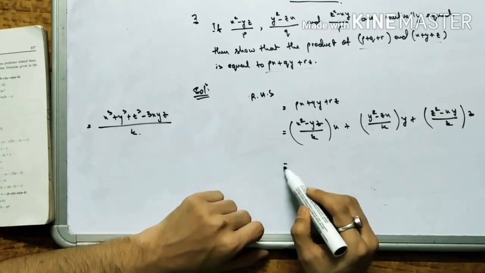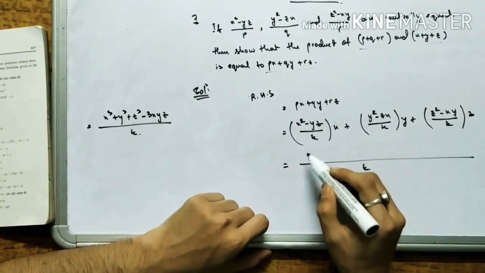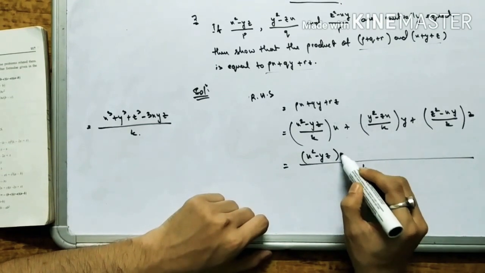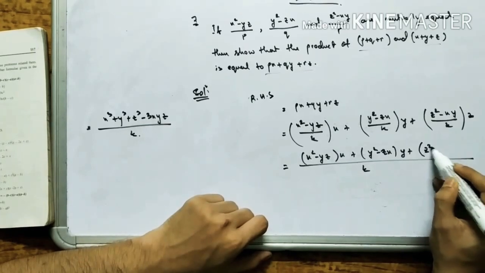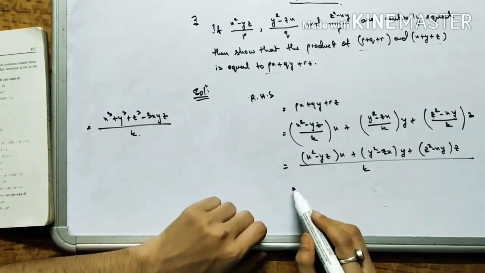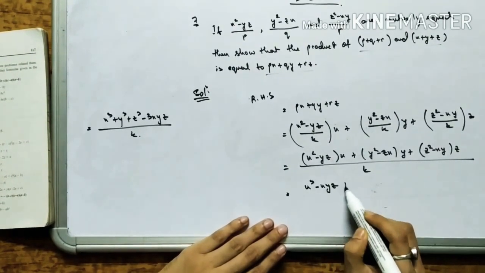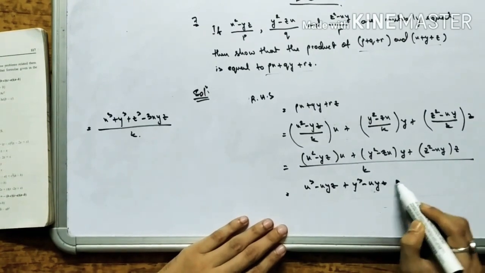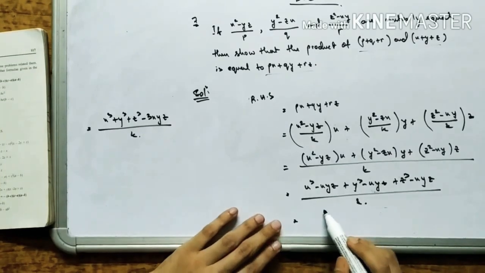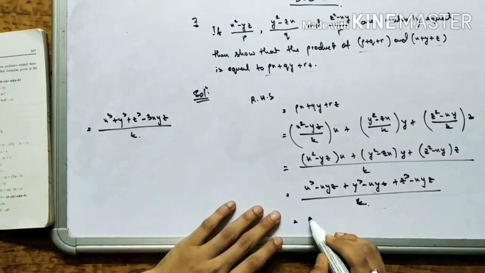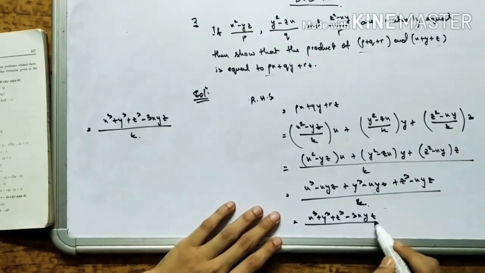So this is equal to 1 by k, (x square minus yz) into x plus (y square minus zx) into y plus (z square minus xy) into z. If I multiply it, I get x cube minus xyz plus y cube minus xyz plus z cube minus xyz, by k. If I solve it, this is x cube plus y cube plus z cube minus 3xyz, by k.